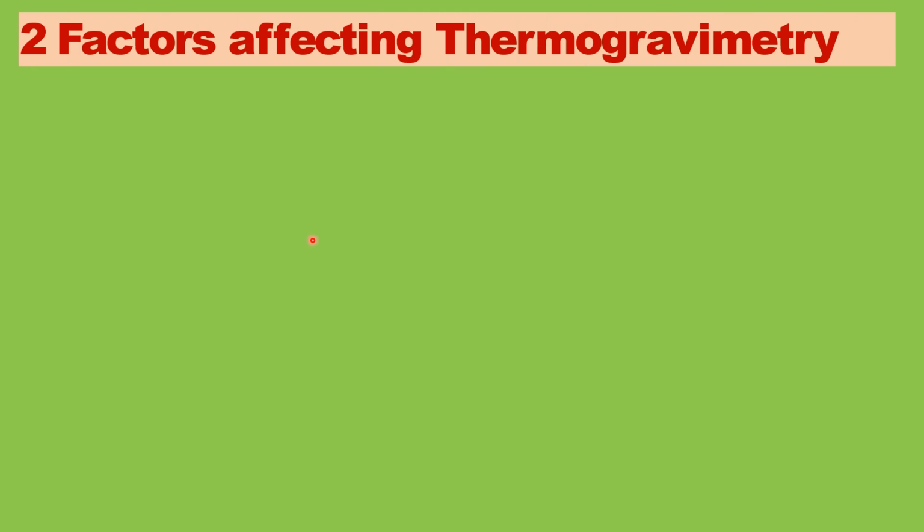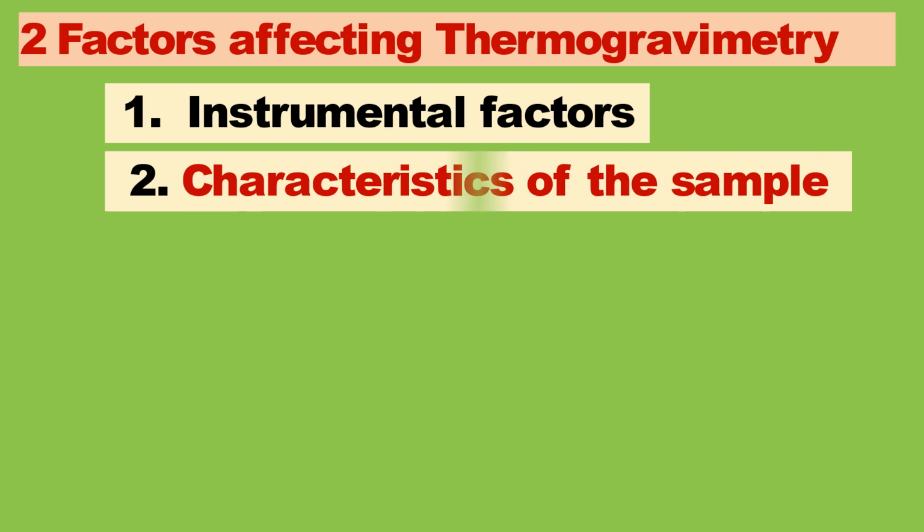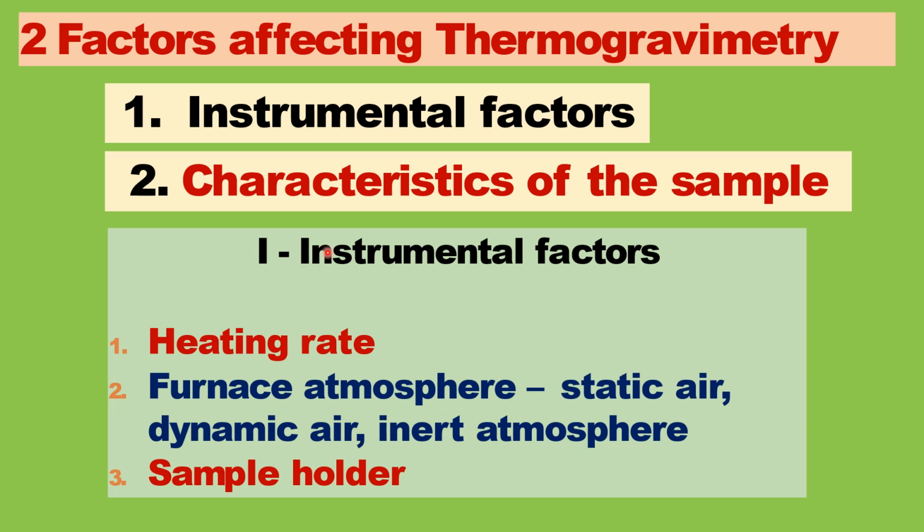Factors affecting thermogravimetry. There are two factors affecting thermogravimetry. They are instrumental factors, and the other one is the sample characteristics of the substance we use for the study. Let us see the instrumental factors.